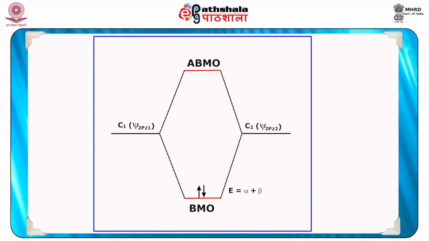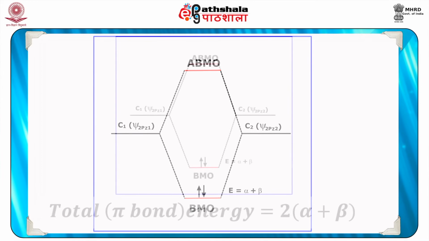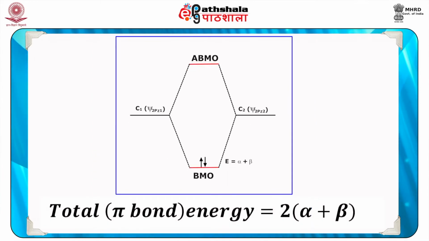Since both the electrons are in the bonding molecular orbital with energy alpha plus beta, the total pi bond energy of the ethylene molecule will be 2 alpha plus 2 beta.